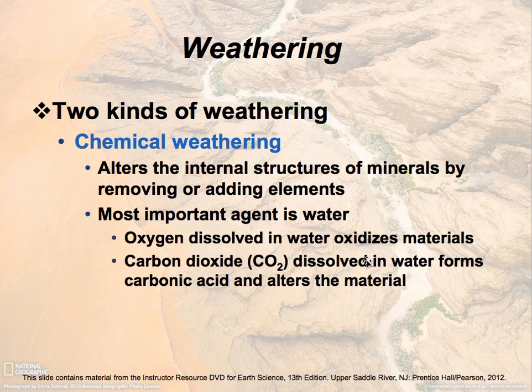It's just like carbonation in a soda or other beverage that's carbonated. Dissolved CO2 makes that solution slightly acidic, and when water is slightly acidic, it has the ability to be more chemically reactive with material that it comes in contact with. So in chemical weathering, water is critically important.